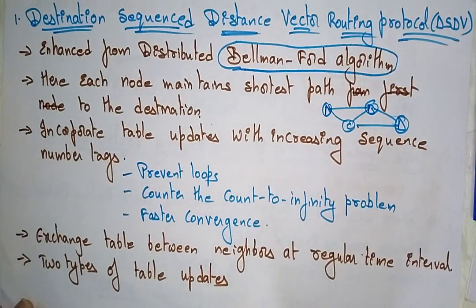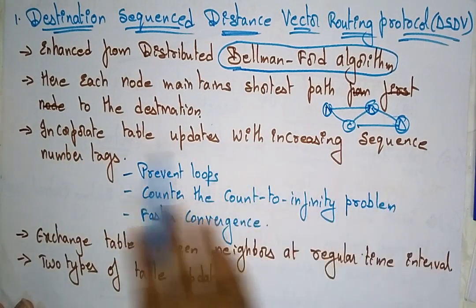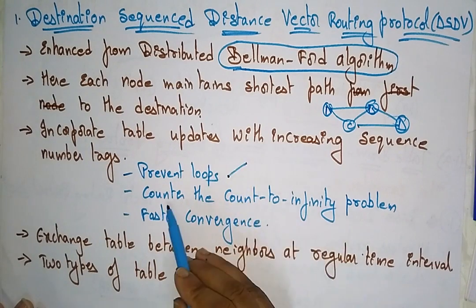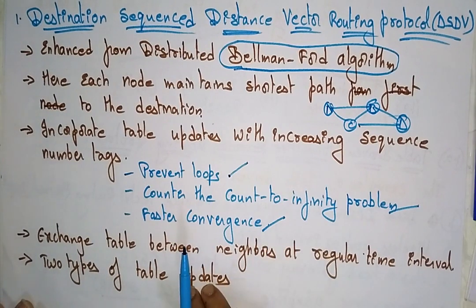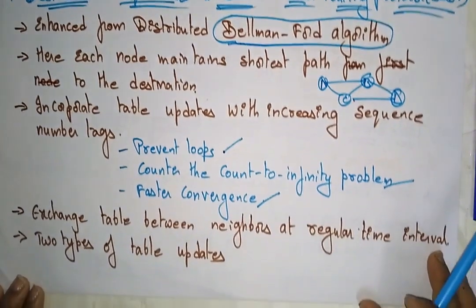It incorporates table updates with increasing sequence numbers, which prevents loops, counters the count to infinity problem, and gives faster convergence. So why are we using these routing tables? To incorporate the table updates with increasing sequence number tags.